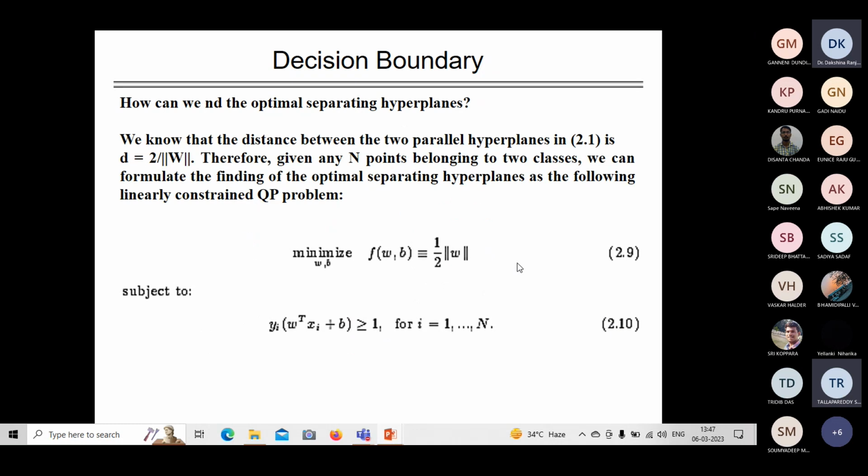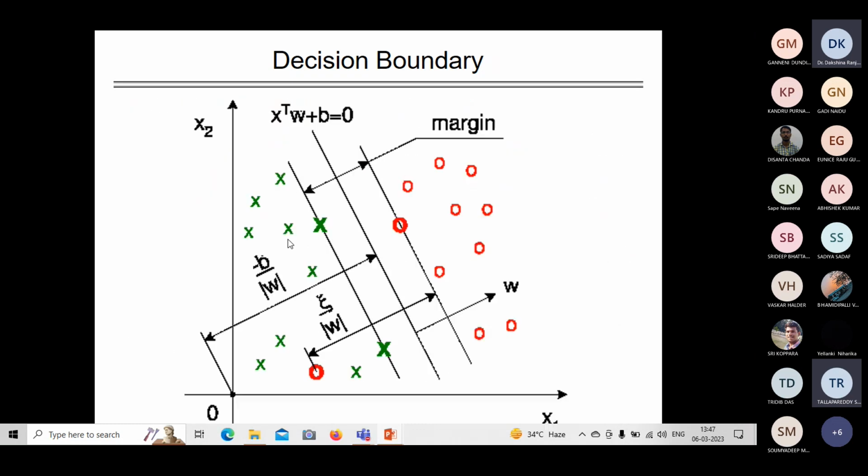For that, we calculate the distance by using the equation of the hyperplane. So what is the equation of the hyperplane? We know that W transpose X plus B equals 0.